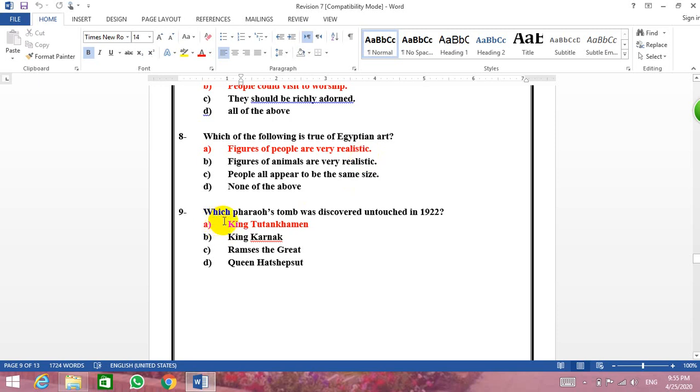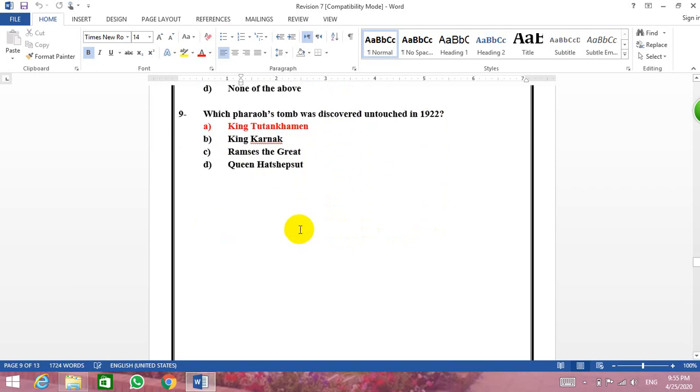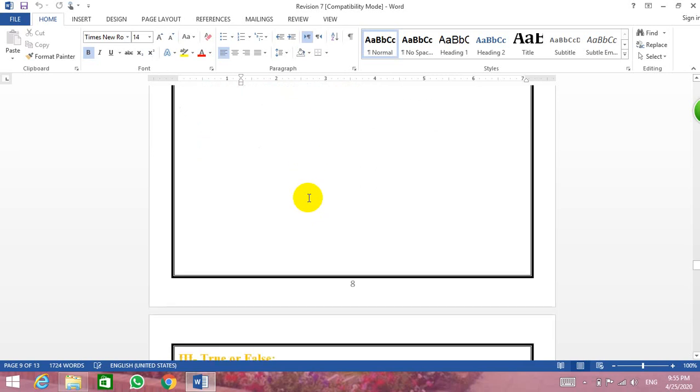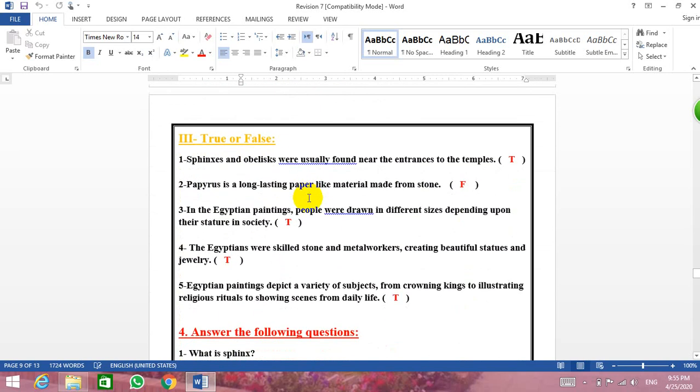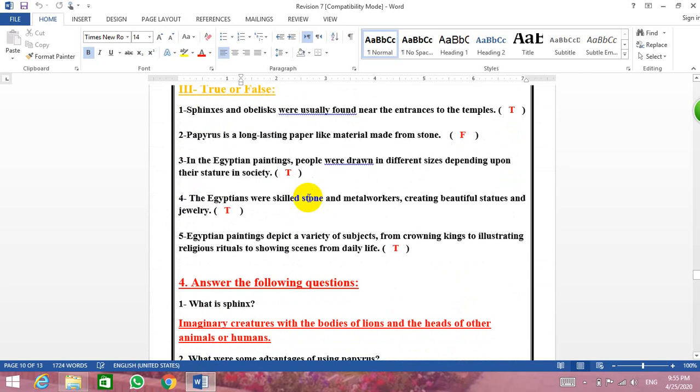Point number 9. Which pharaoh's tomb was discovered untouched in 1922? That one is King Tutankhamun. Option A is the correct answer. Here we have question 3, that is true or false.